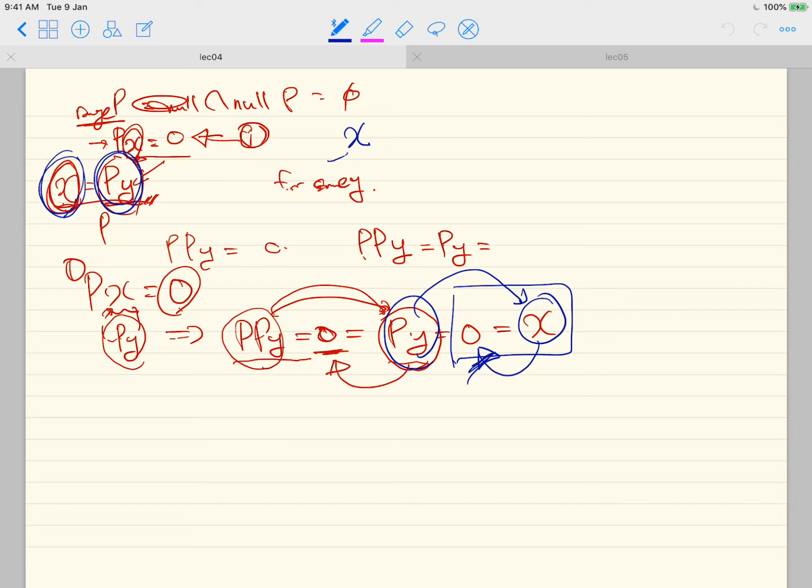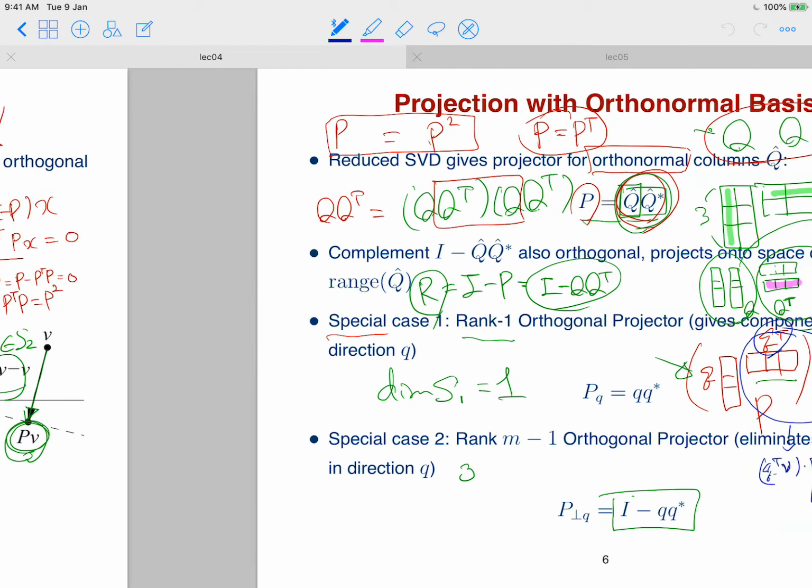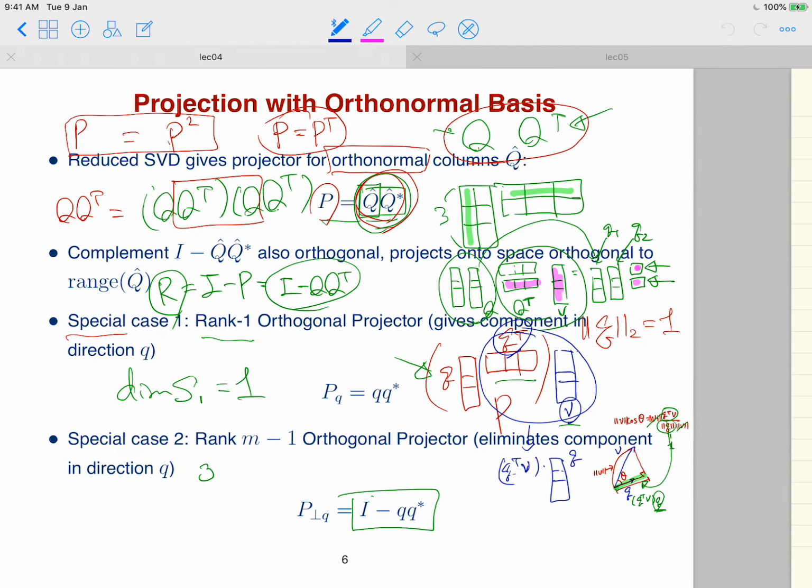So we needed this property of P squared equals P, right? Otherwise this vector x from the null space can be a non-zero vector, I think. So they can have an overlap. Questions?